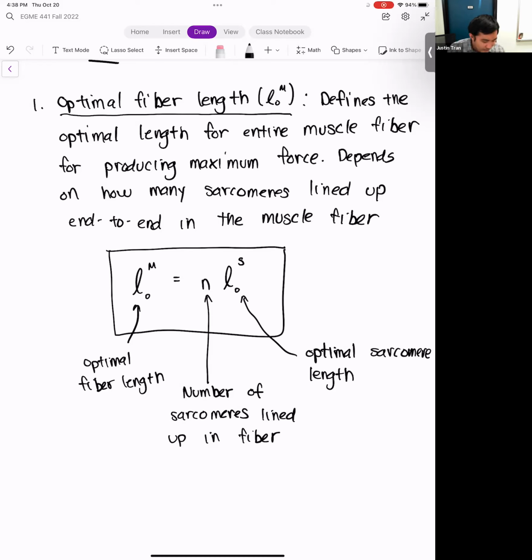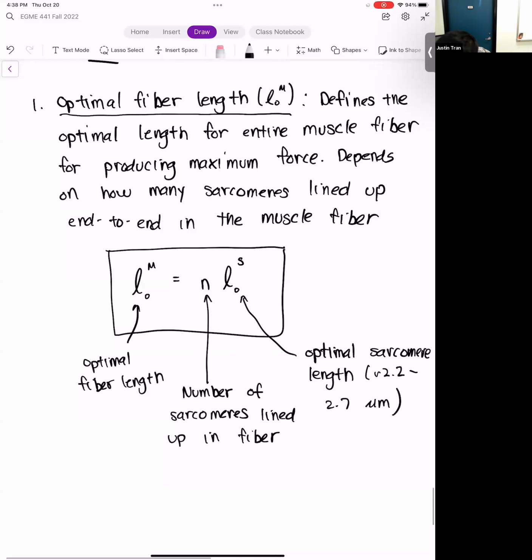As we learned from Tuesday, this is about anywhere between 2.2 and 2.7 microns. So computing this is easy, assuming you know how many sarcomeres there are in the muscle. You just multiply that by the optimal sarcomere length, and that's your optimal fiber length.